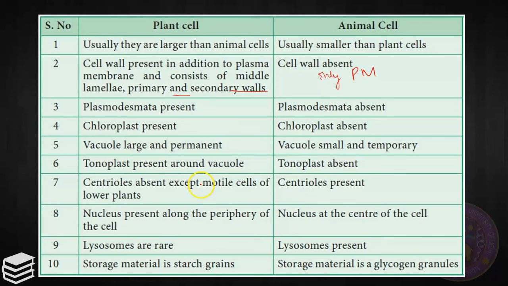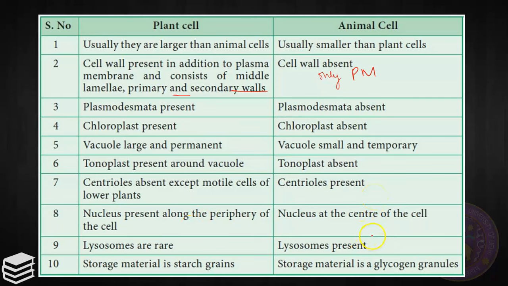Centrioles are absent in plants, but present in the motile cells of lower plants, while in animal cells centrioles are present and they are involved in cell division. The nucleus is present along the periphery of the cell in the plant cell, while in the animal cell the nucleus is present at the center of the cell.